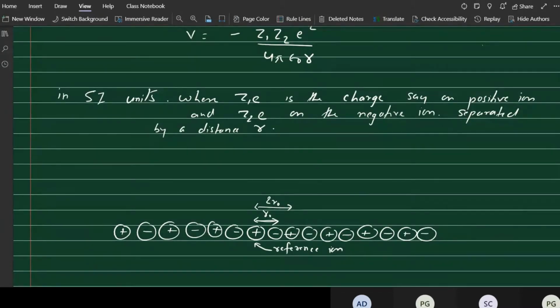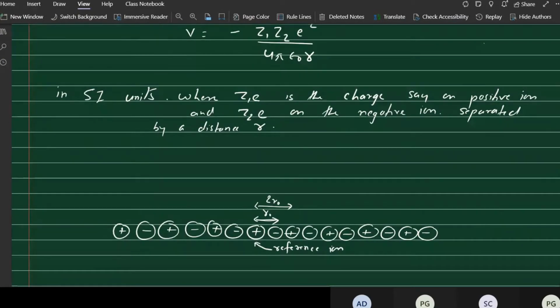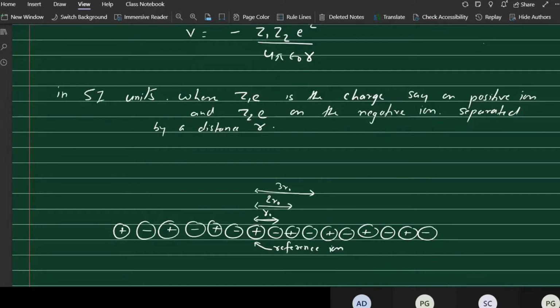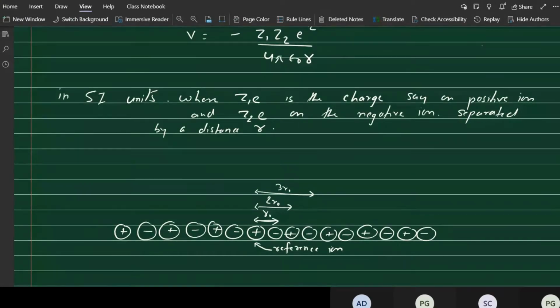Similarly, all the other neighbors also. Another one is at 3R0. So if we calculate all this potential and take the sum, that will give the total electric potential on the reference ion due to all the neighbors.